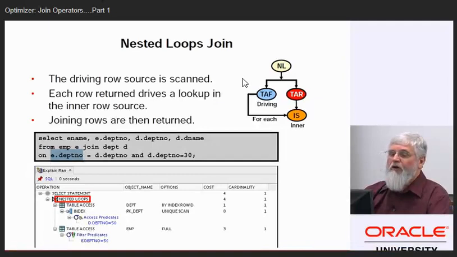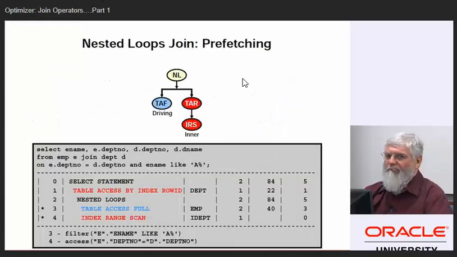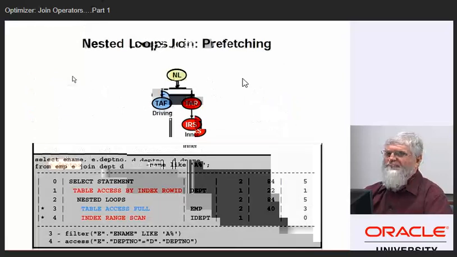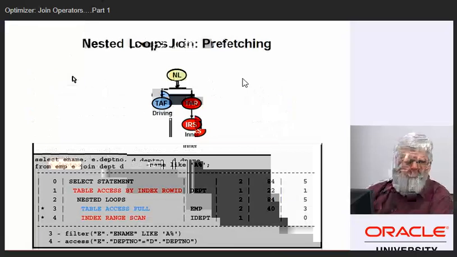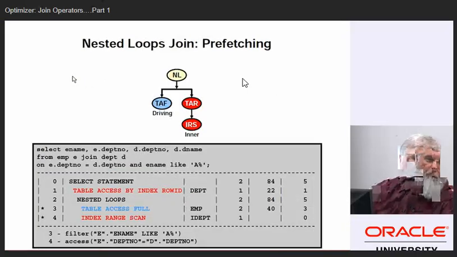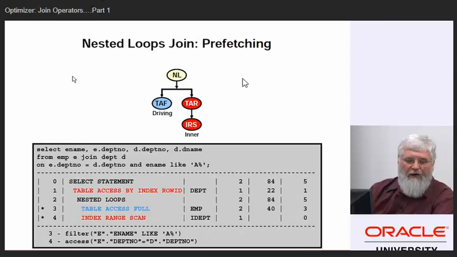Okay, there are actually 3 implementations of the nested loop. The first one was available as the original implementation, since we implemented it. And then we came up with this one, the prefetched, which is an optimization, introduced in 9i Release 2.